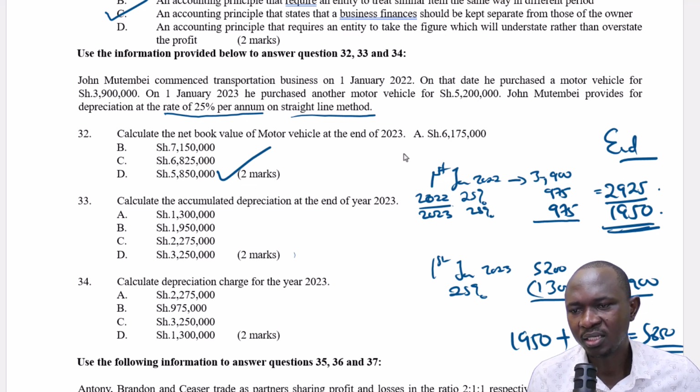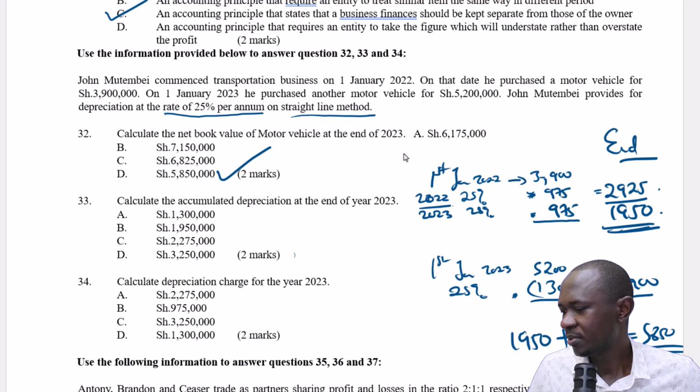Calculate the accumulated depreciation at the end of year 2023, the total depreciation. So the total depreciation will be depreciation for 2022 plus depreciation for 2023 for vehicle A and depreciation for 2023 for vehicle B, which was only existent in that year.